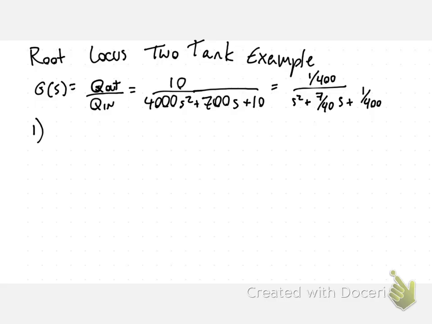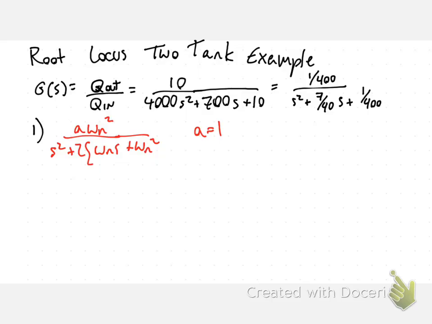If we look at this system, we can see that if we want to put something into the format of A omega n squared over s squared plus 2 zeta omega n s plus omega n squared, for the example problem, A is equal to 1, since we have 1 over 400 in the omega n squared term when we standardize our system by dividing by that 400, and we have 1 over 400 in the numerator of our function.